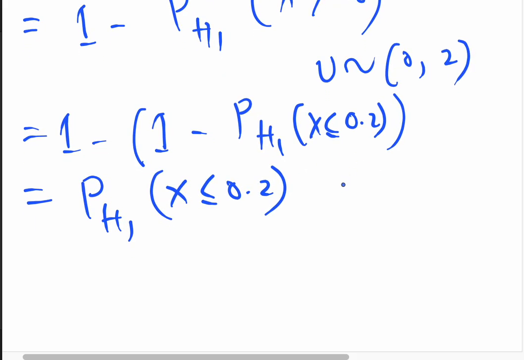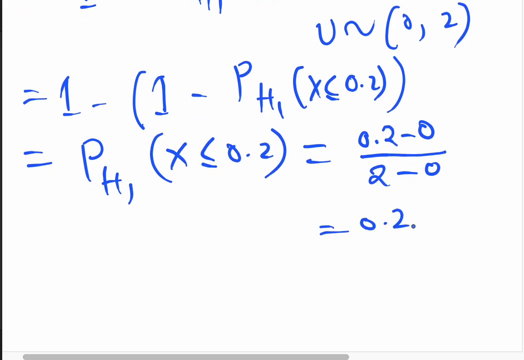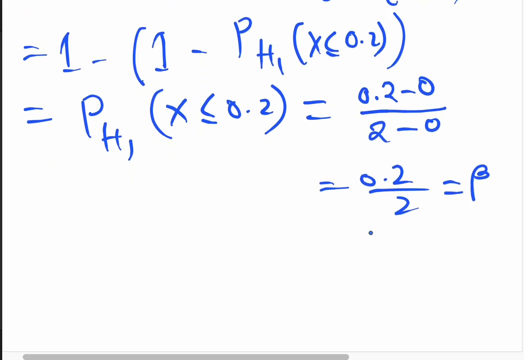So this is the probability under H1 that x is less than 0.2, which is 0.2 minus 0 by 2 minus 0. So this is 0.2 by 2 is beta.